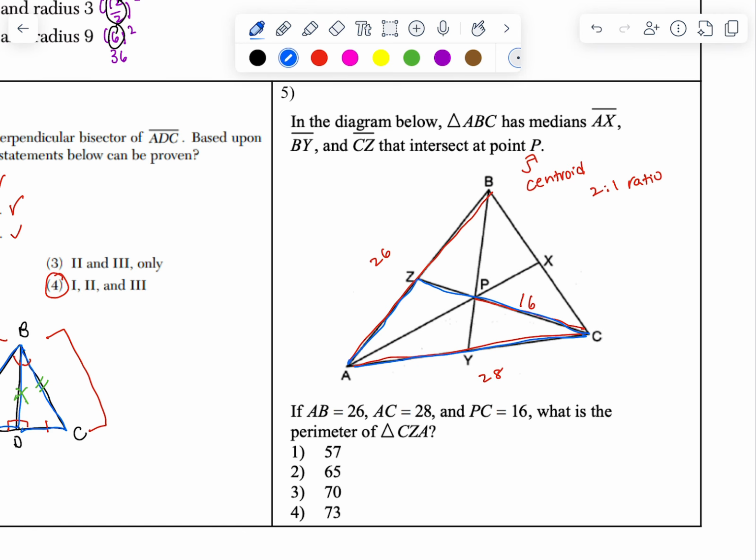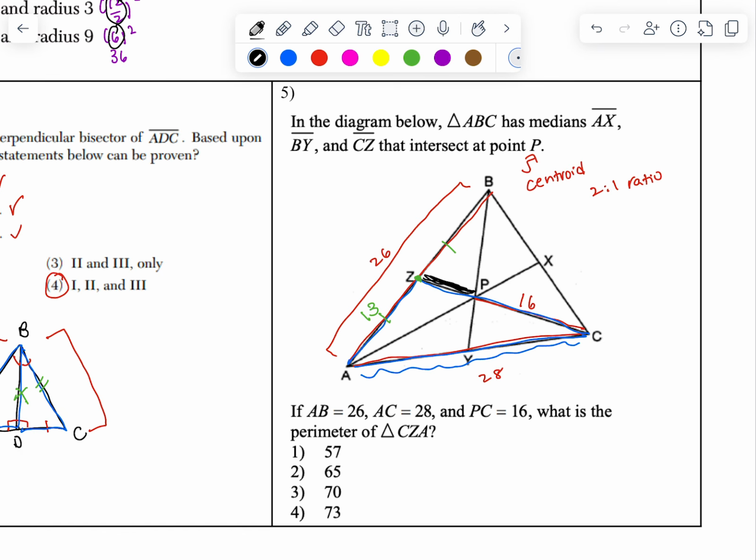We already have side AC. That full side's 28. And since the whole side AB was 26 and we do have medians, medians connect to midpoints. So Z is the midpoint of the side. So it's being split in half. So this is 13. So all we have to do is figure out this piece of side ZC, ZP.